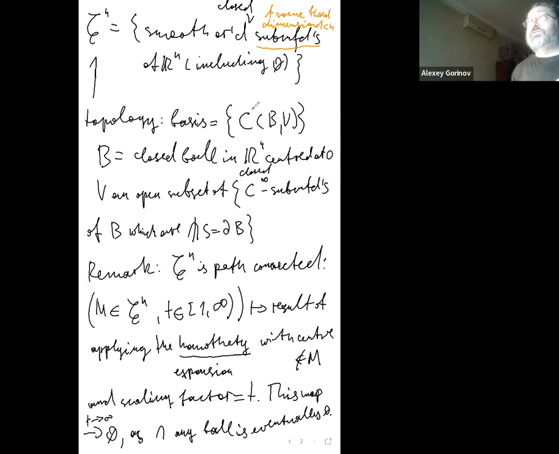A map is continuous if and only if the preimage of every element of the family is open. And sorry, yes, there's one thing which I didn't say properly.